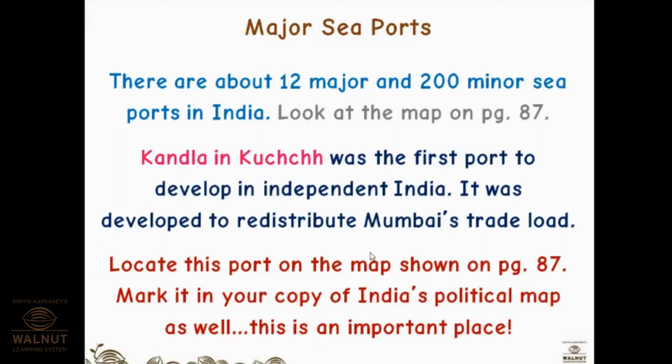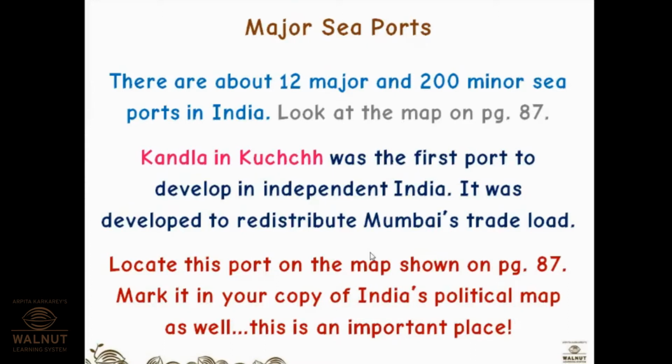Mumbai was the port through which all the different foreign countries were coming in and trading, and there was stress on it. So to distribute the stress, Kandla was developed in independent India.